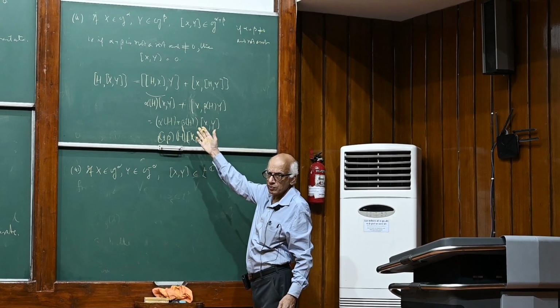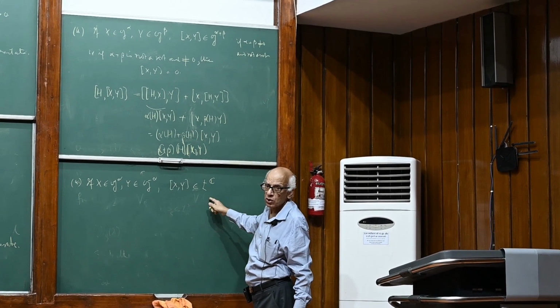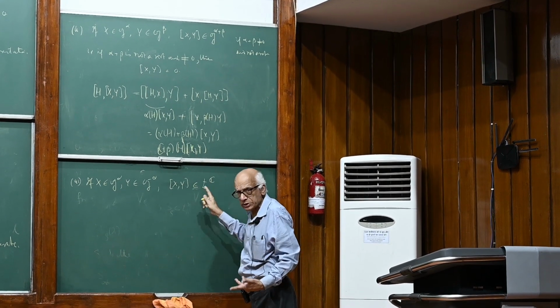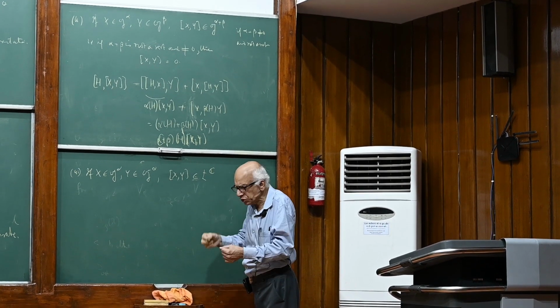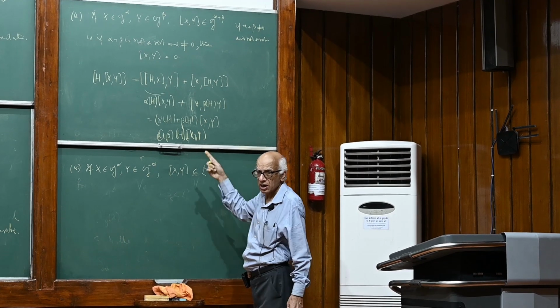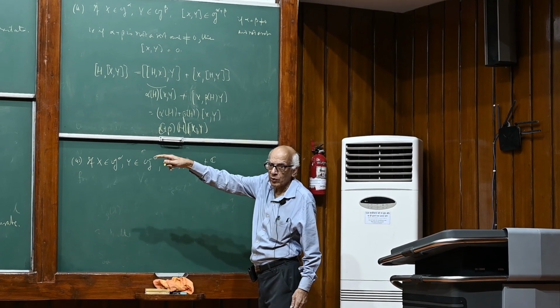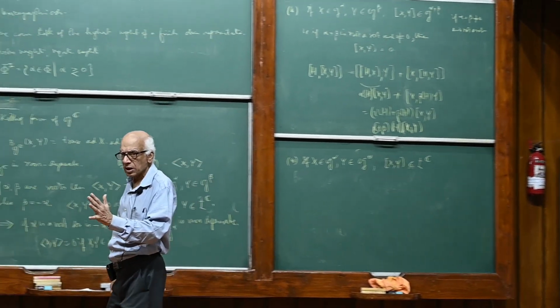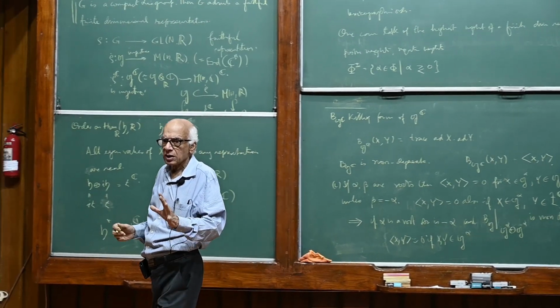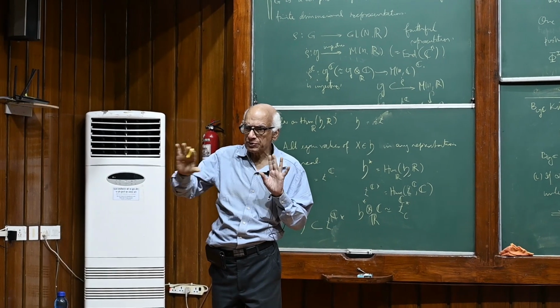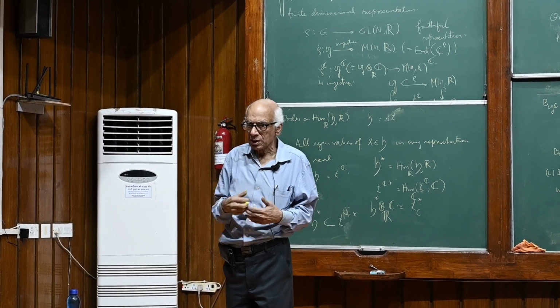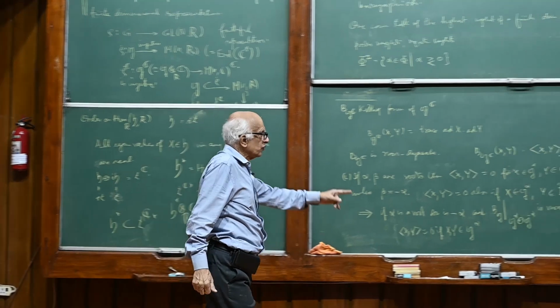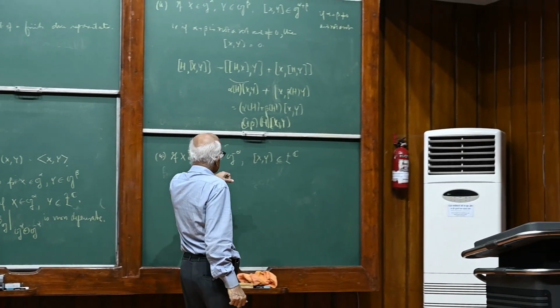By the same argument, it belongs to the eigenspace corresponding to 0 for Tc, precisely Tc, by what we already said. The space decomposes into the 0 eigenspace for Tc plus the eigenspace corresponding to every root. So you find that this bracket X, Y is in Tc.